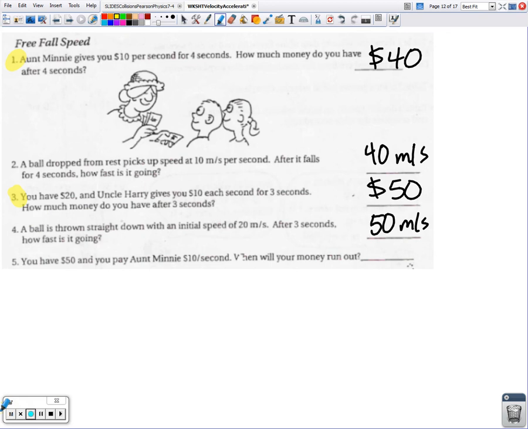You were still gaining $10 a second, regardless of whether you started with 20 or not. Does that make sense? So is the case with acceleration caused by gravity. Whether you start at rest or you're already moving, you're still going to pick up speed.